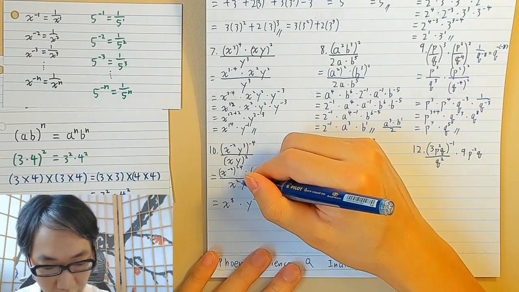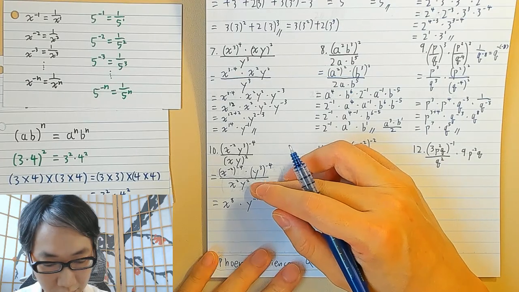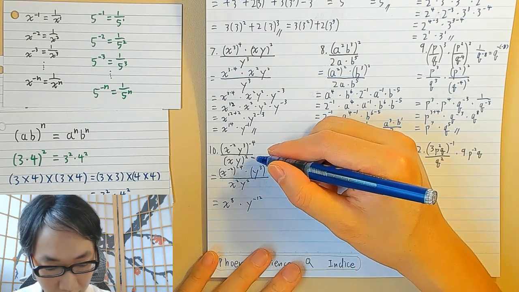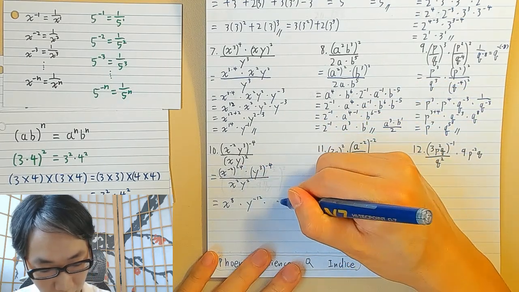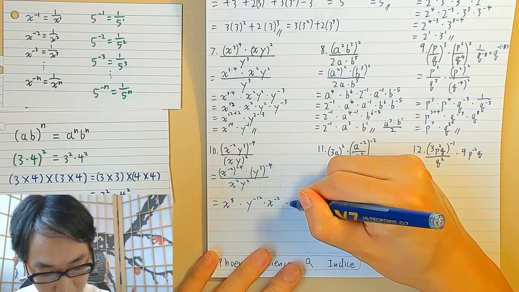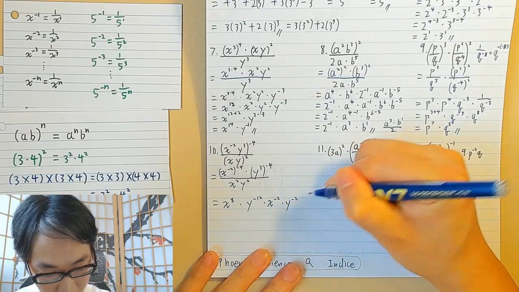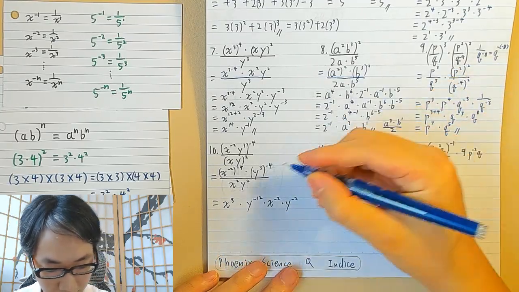Okay, at the same time, we move the x and y's terms from the denominators to the numerators. So times x to the power of negative 2 times y to the power of negative 2. Okay.